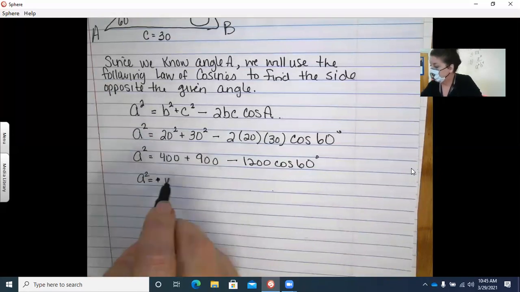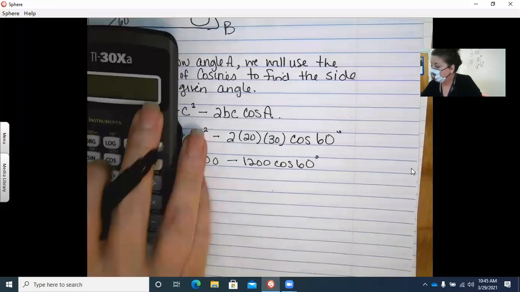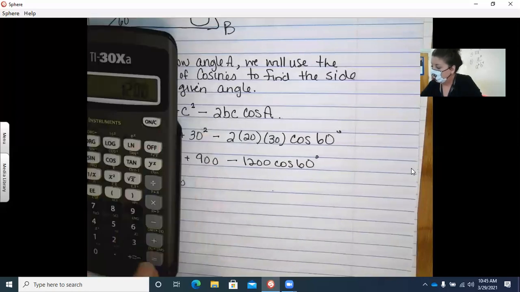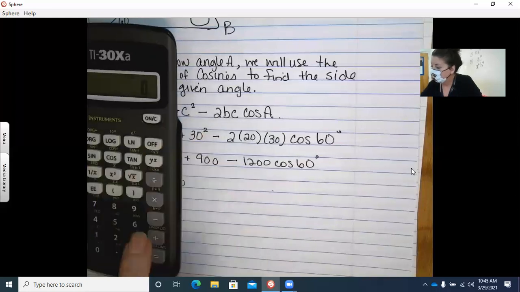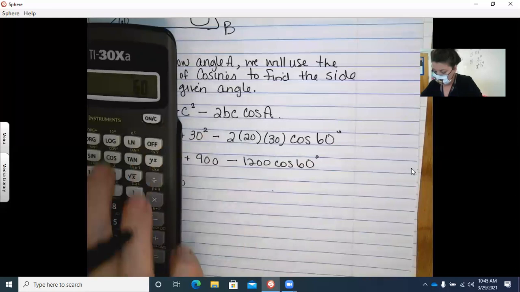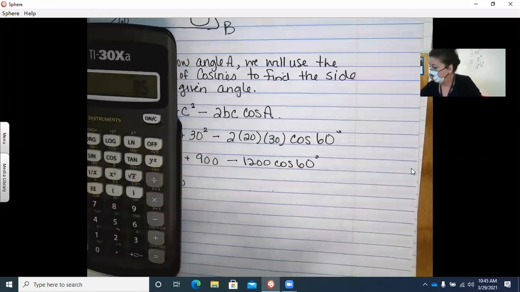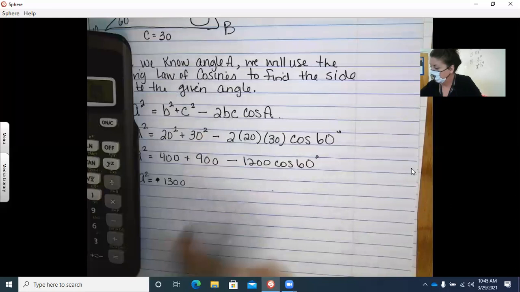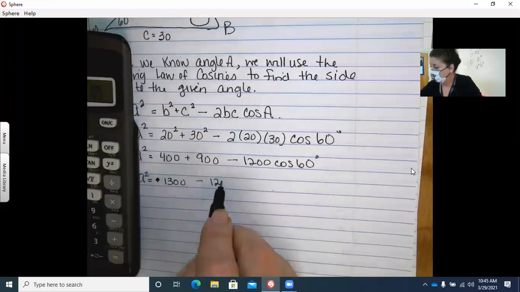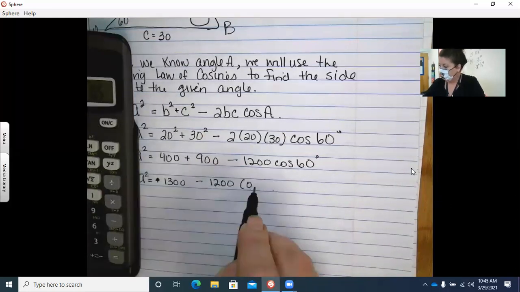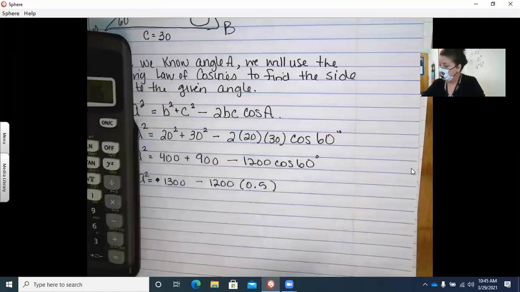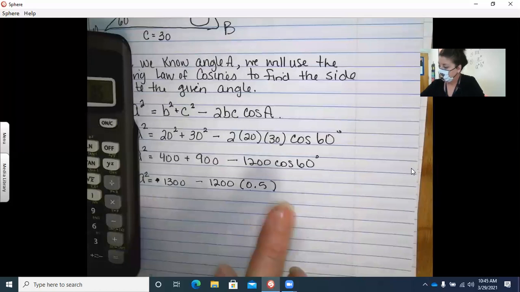And the cosine of 60 is 0.5. Multiply those together, that means half of 1,200, you get negative 600, right? So a squared equals 1,300 minus 600.